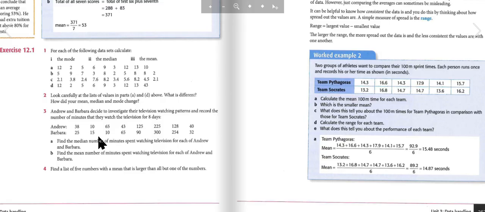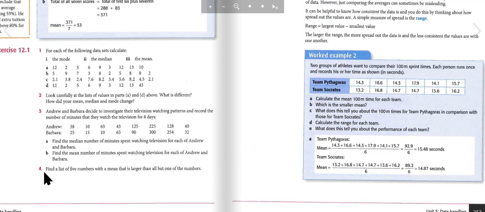So, Andrew's median is 54, Barbara's median is 48.5. But the mean is a lot higher than the median, as Andrew's mean is 84.25 and Barbara's mean is 98.875.